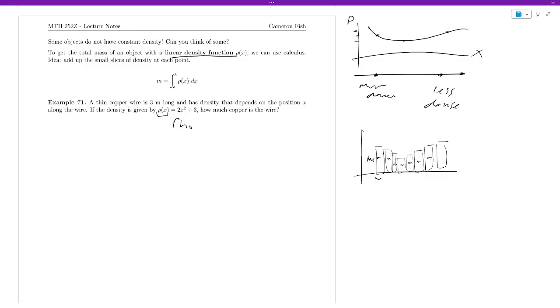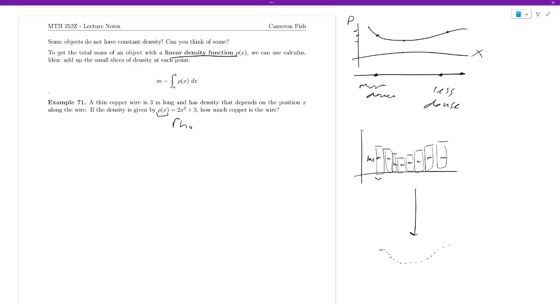I can just do that multiplication if I had a function that was constant in chunks like this: constant, and then some different constant, and some different constant. So we've done this before. I imagine it being constant over small chunks like this. That lets me do multiplication, but then I imagine that the chunks are getting smaller and smaller.